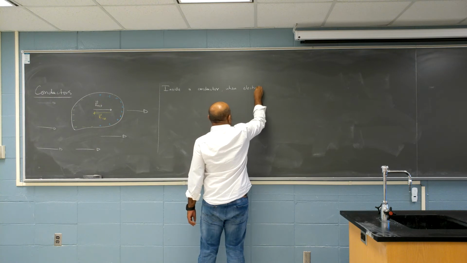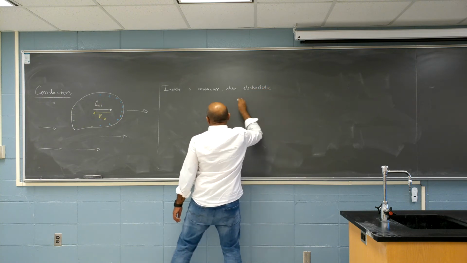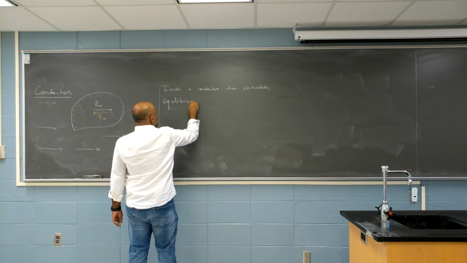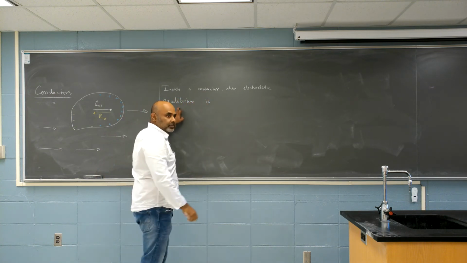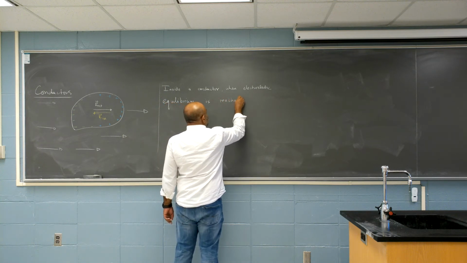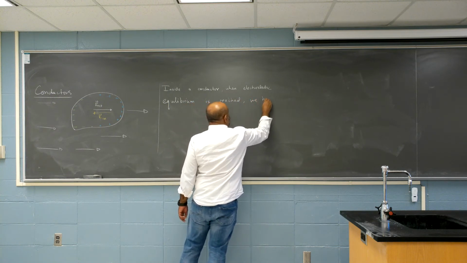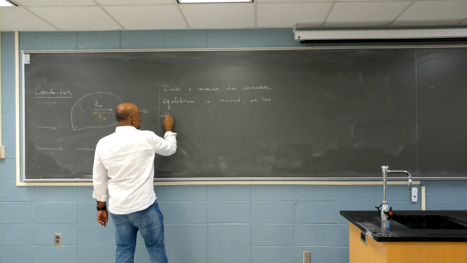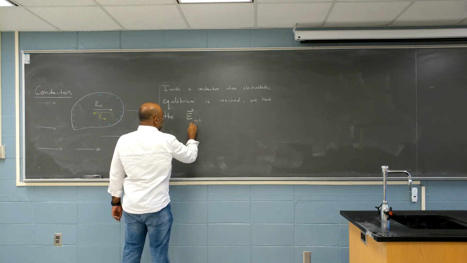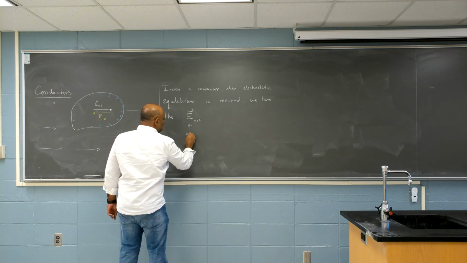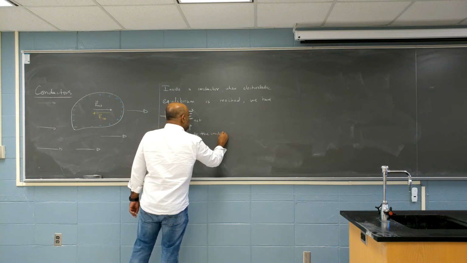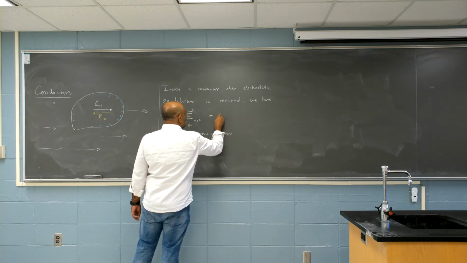When electrostatic equilibrium is reached, E net inside the conductor equals 0.